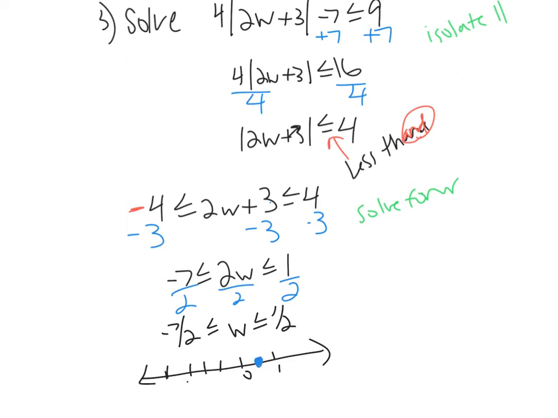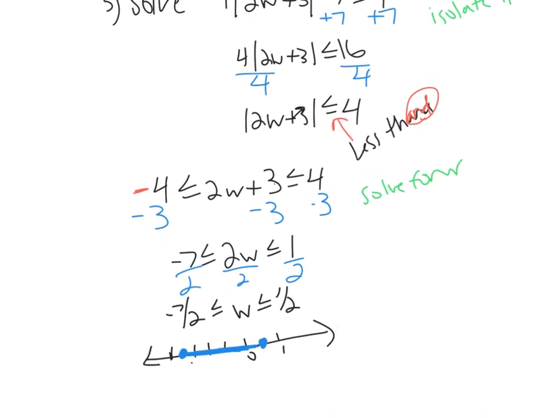We have negative 3.5 closed dot. And it is an and problem, right? So we shade in between. That's actually why we can utilize the compound inequality. Okay, we have two inequalities combined only with and problems. So again, you'll have a half here, and you'll have negative 7/2 here.